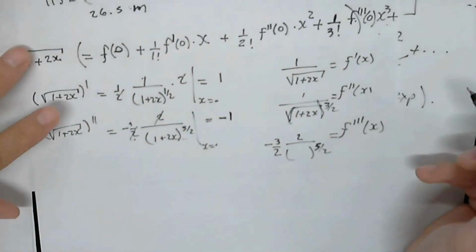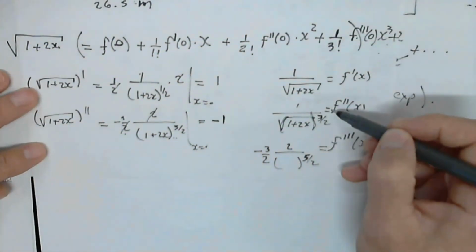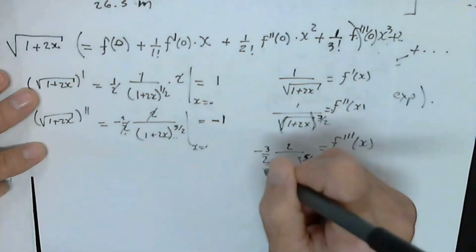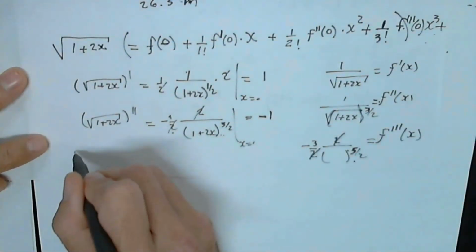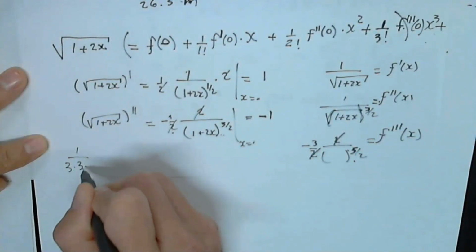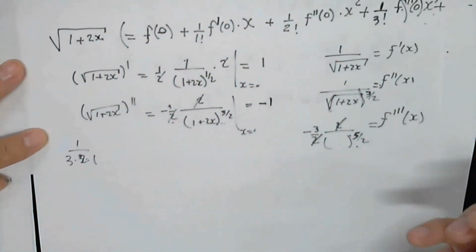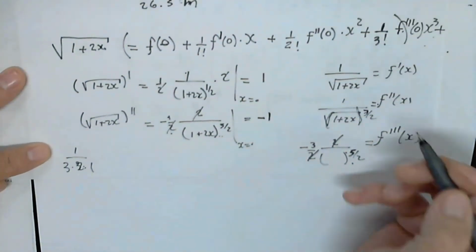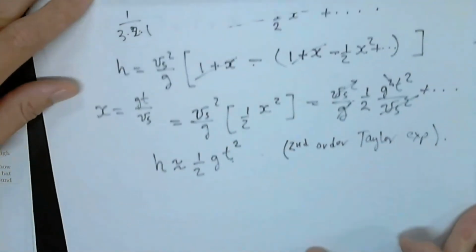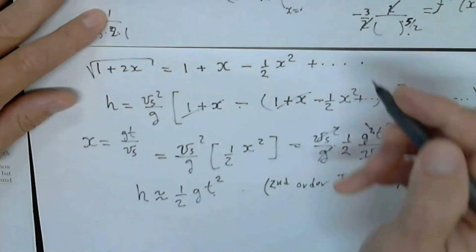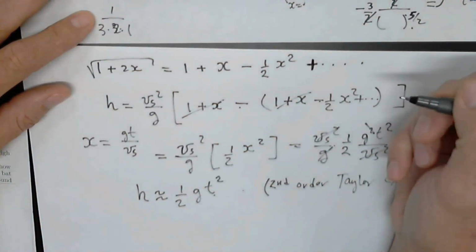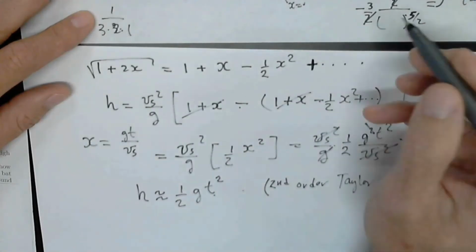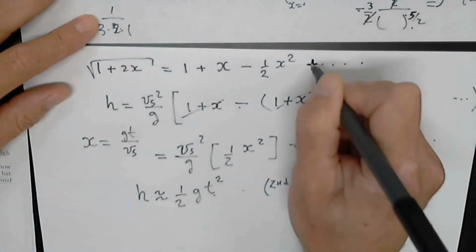So the third derivative is negative 3/2 minus 1 is negative 5/2. Again, these two cancel. And the factorial of 3 is 1 over 3 times 2 times 1. So it's 1/6. So we get here, no, negative.